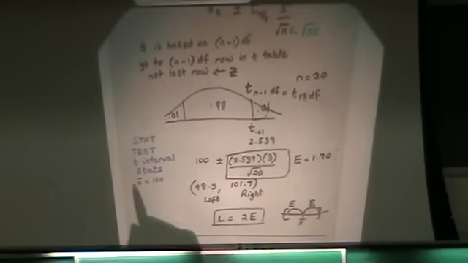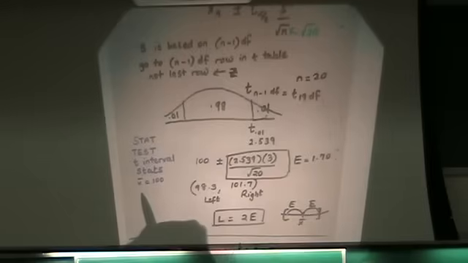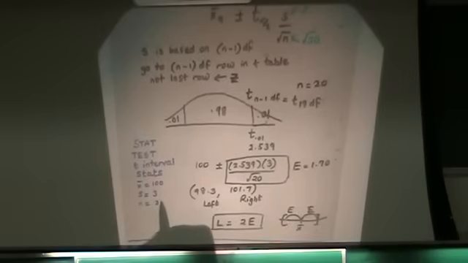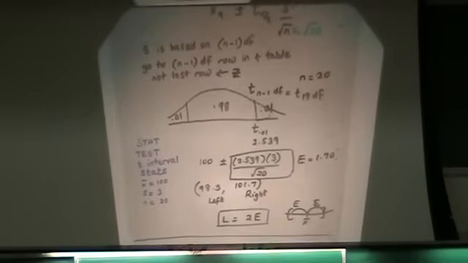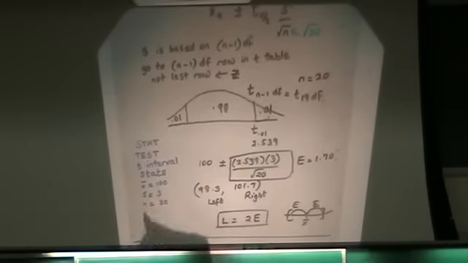Okay, so X bar equals 100. What else? S. S equals 3. N equals 20. Is it asking for confidence level? Okay, so going to put in 0.98 as the confidence level.